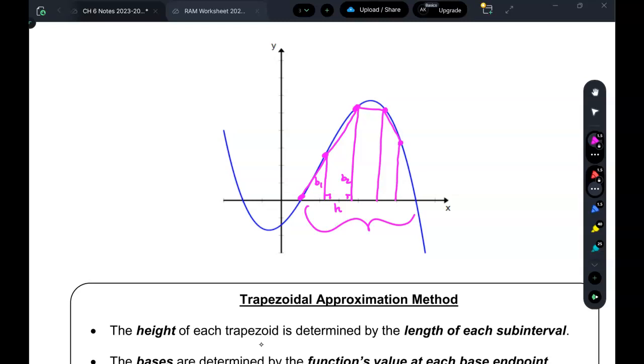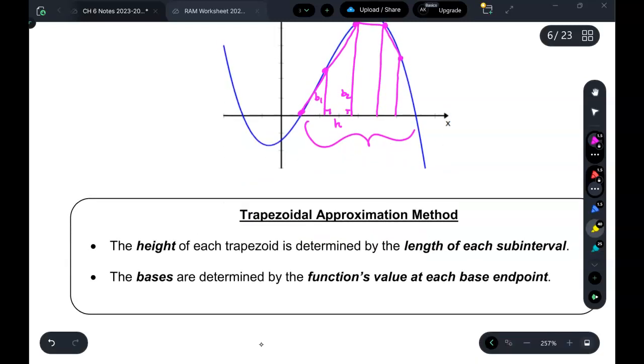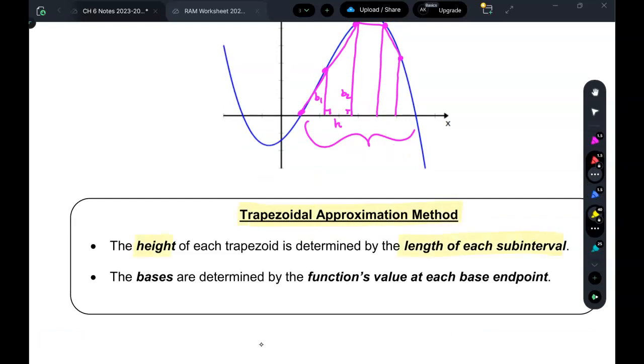So when we're doing the trapezoid method, the height is the length of each subinterval. That's what I was mentioning up top. And the bases are the function's value at each endpoint. So when we're doing base 1 and base 2, we're plugging into the function. Good. That's fine.